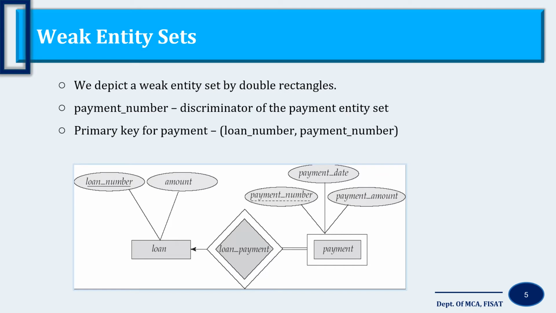This arrow always indicates the one side. So from the payment to the loan, it is many to one, and the participation is total. The weak entity set is represented by double rectangles. The dashed line is used for representing the partial key or the discriminator. That is the case of Chen's notation.